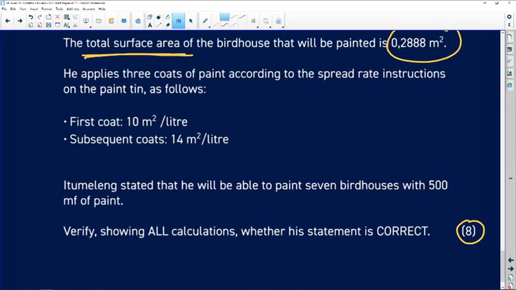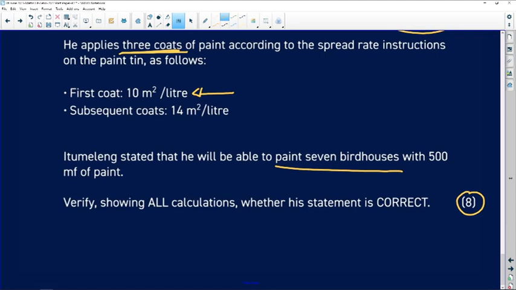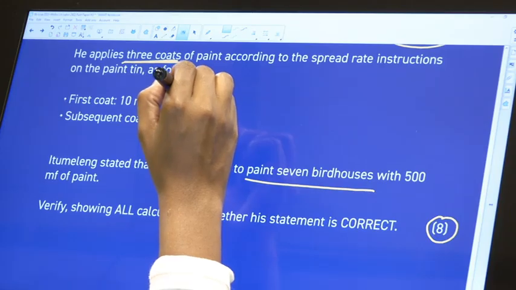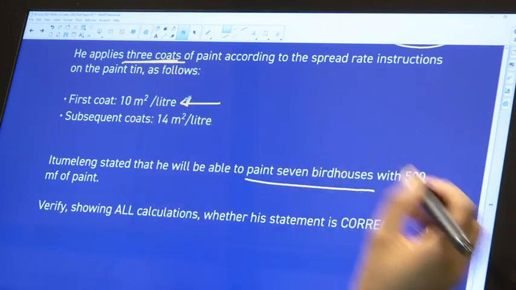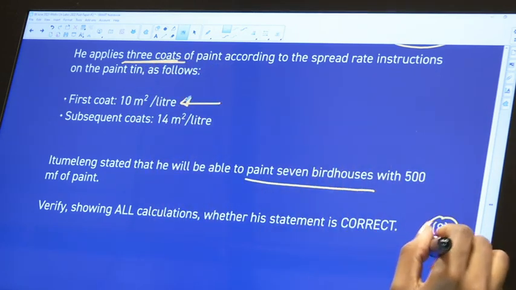So there's 7 birdhouses and then he applies 3 coats of it. But we know the first coat is going to be different. So it's quite a lengthy one. The first thing that I'm going to do is multiply this by 3 coats first.